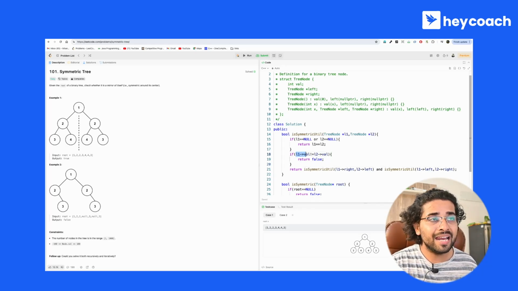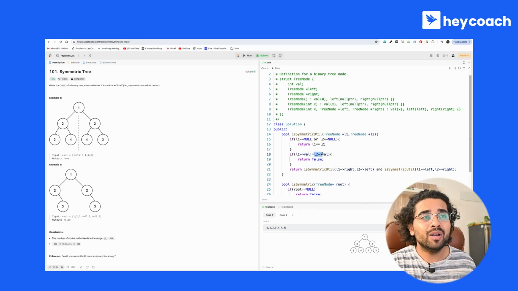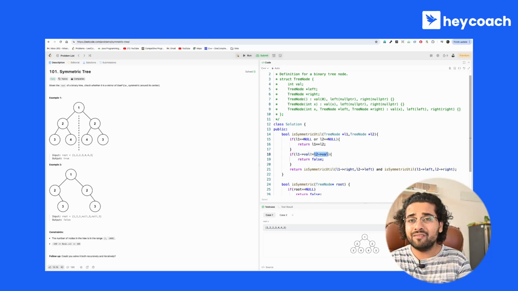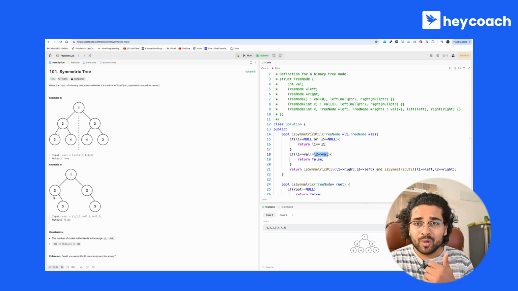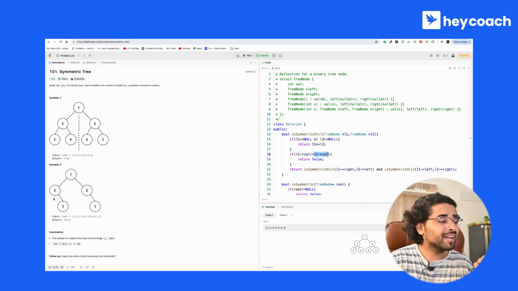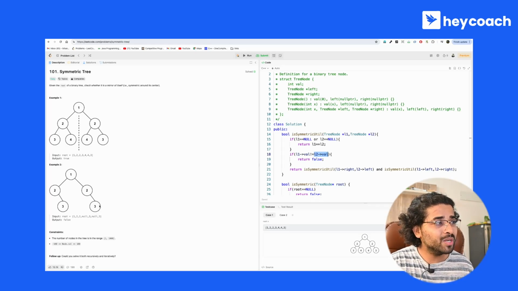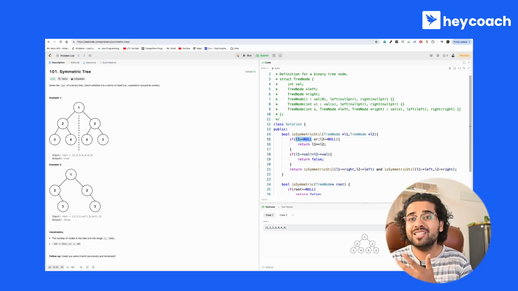What we are comparing: L1 value equal to L2 value. If it is not equal, that means this condition is happening: the left node compared with the right node, one is null and the second one is not null.